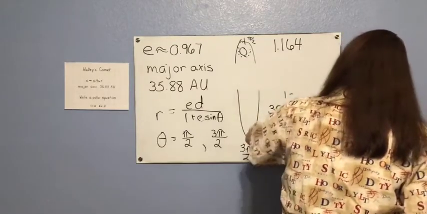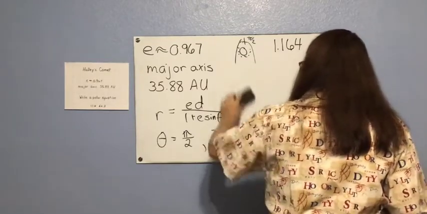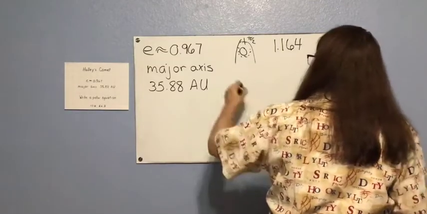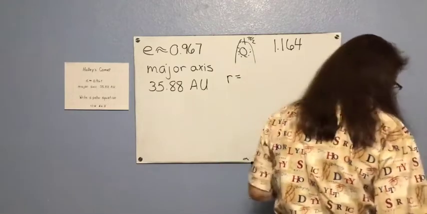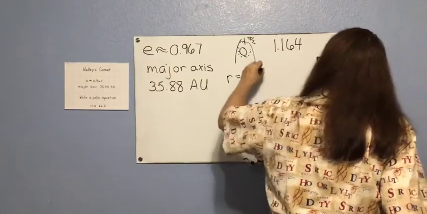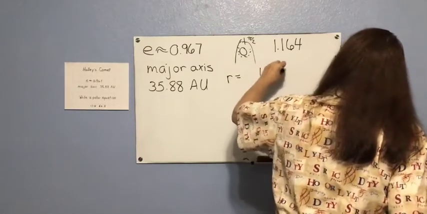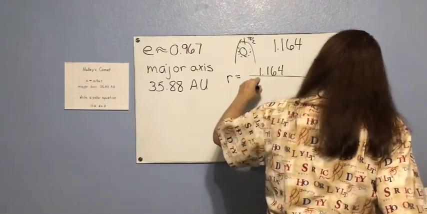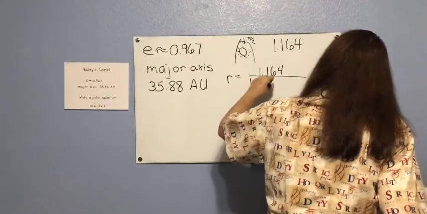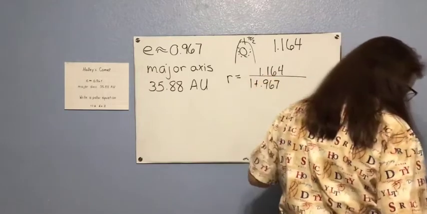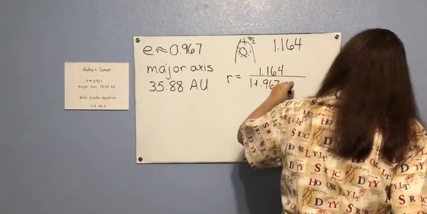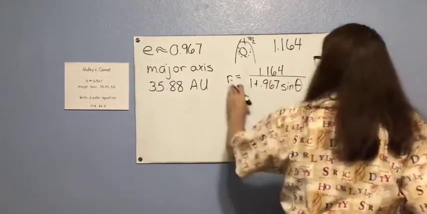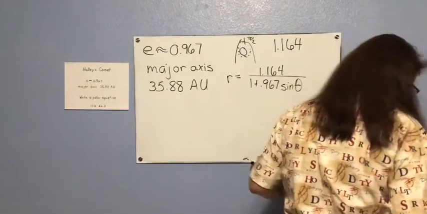Now we're going to put that number into our equation and say r is equal to 1.164 over 1 plus 0.967 sine theta. Now r is going to be measured in astronomical units.